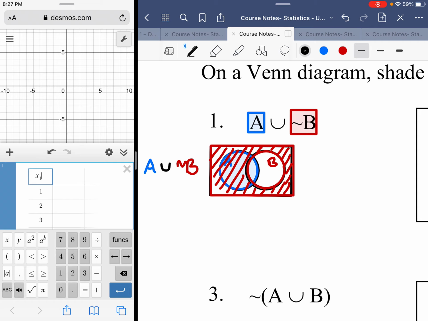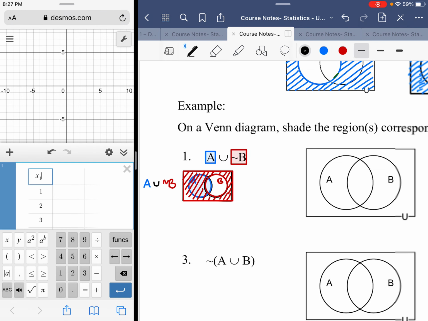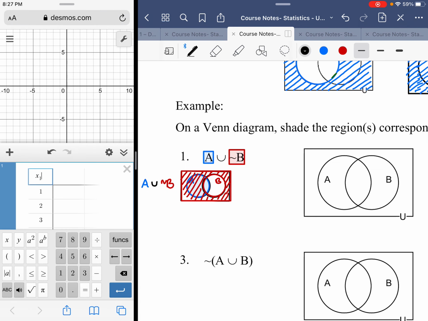Again, that union idea is the idea of the marriage of the two sets. So anything that has some shading in it will be part of the solution. All right. So basically, anything except for that unshaded part of B.